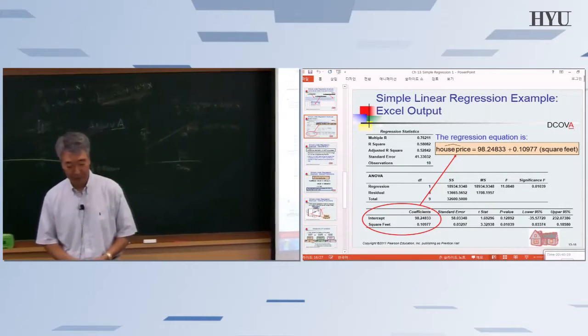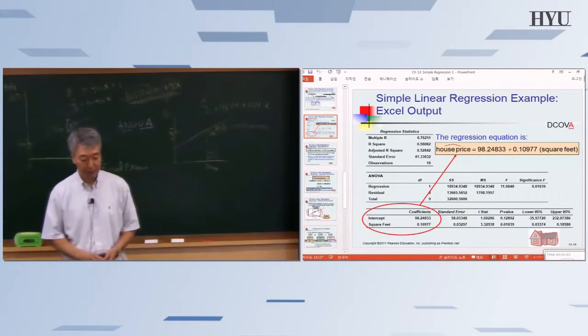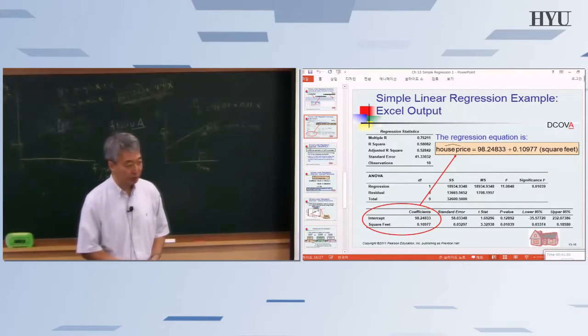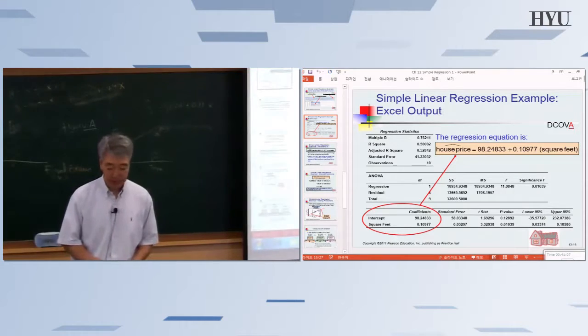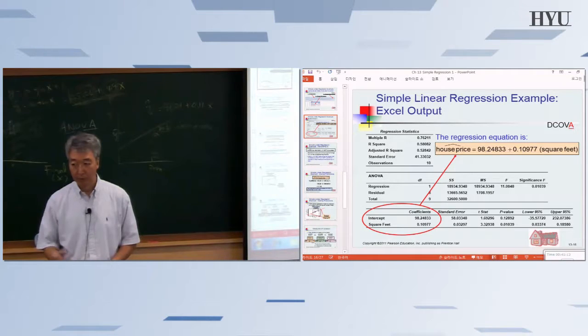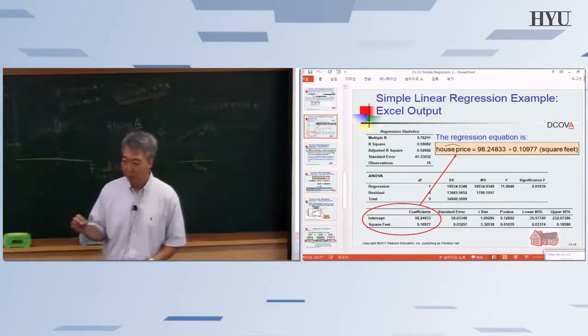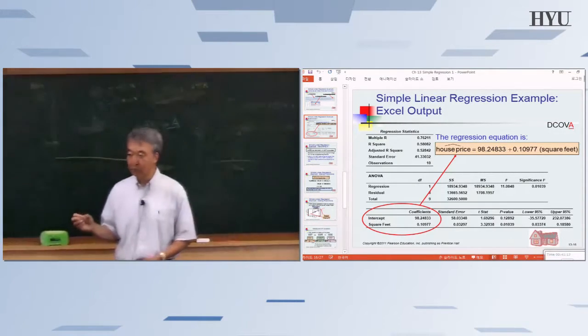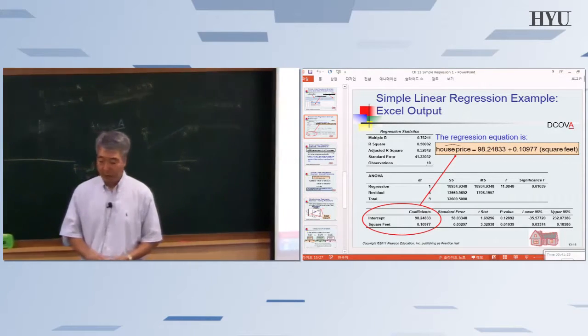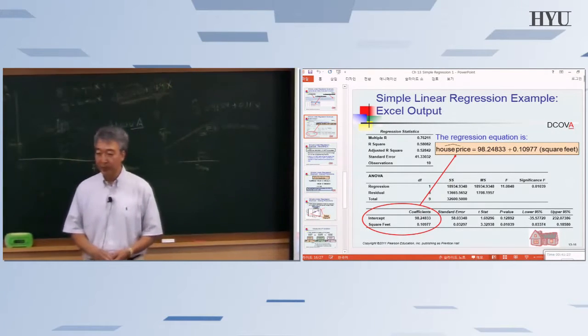Excellent. So 58% of the variation in the house price is explained by the variation in the size of the house. That one variable, size of the house, explains about 60% of the variation in house price. Does it make sense? So obviously, higher the better.